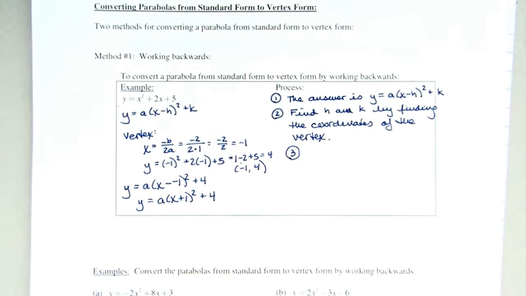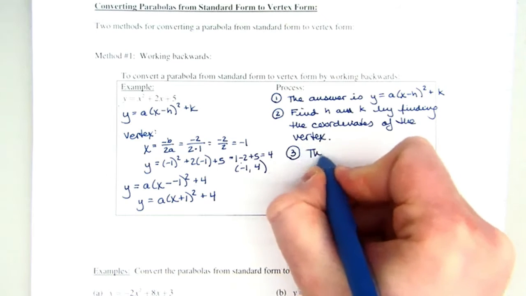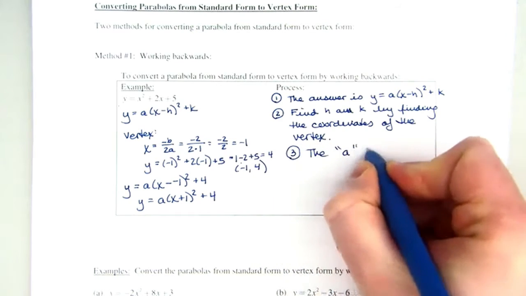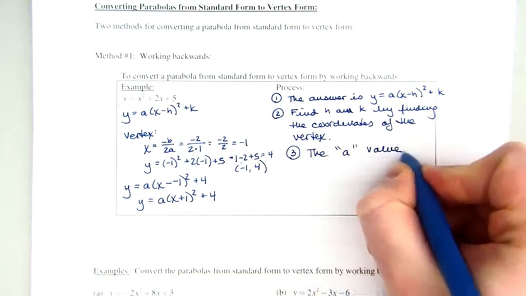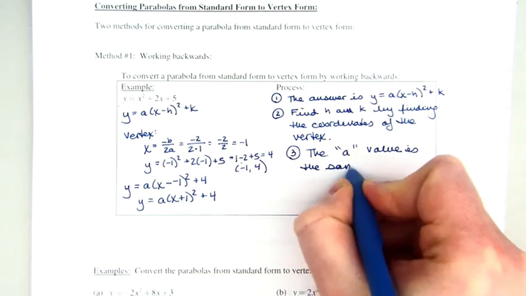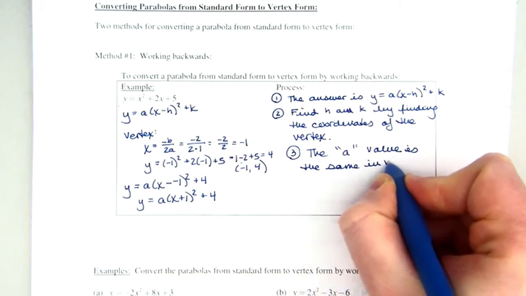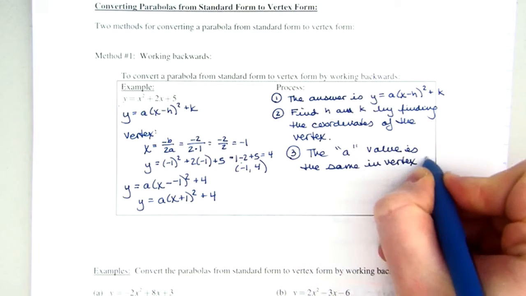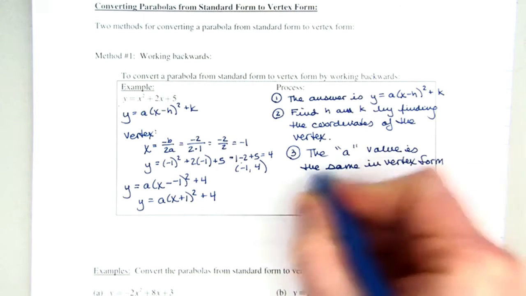And it's actually going to be really easy. There's a reason I use the same letter for a in vertex form and standard form. The a value is the same in vertex form that it is in standard form.